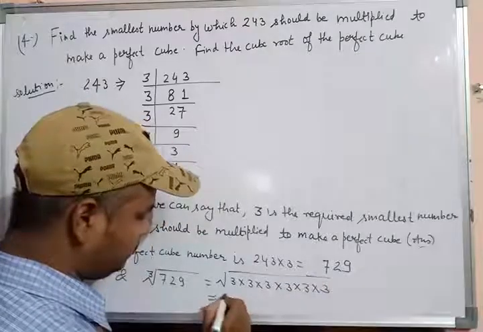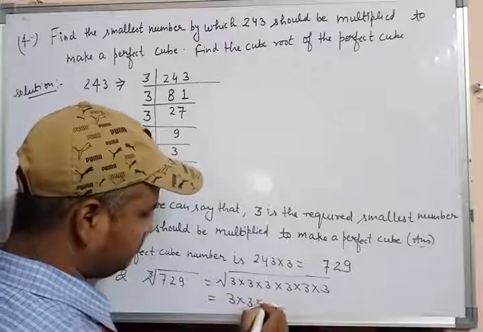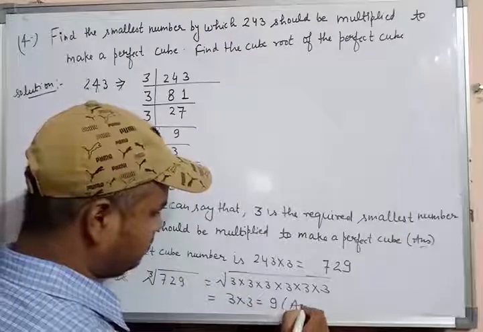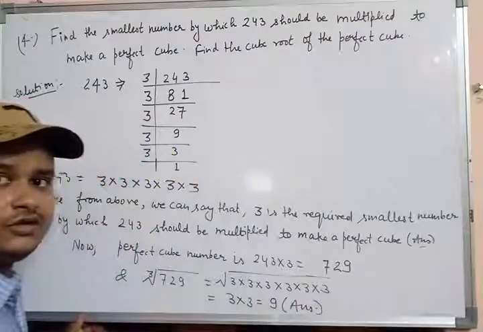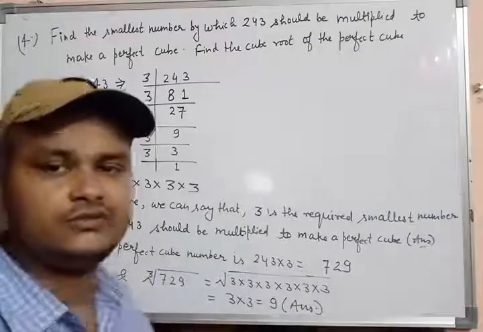Then we can write 3 into 3, it means 9. 9 is the answer. Okay student, so this is the solution of this question.